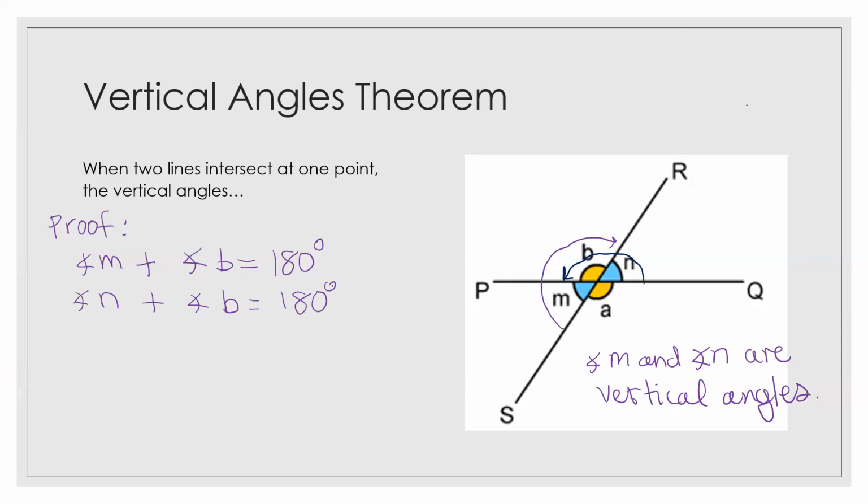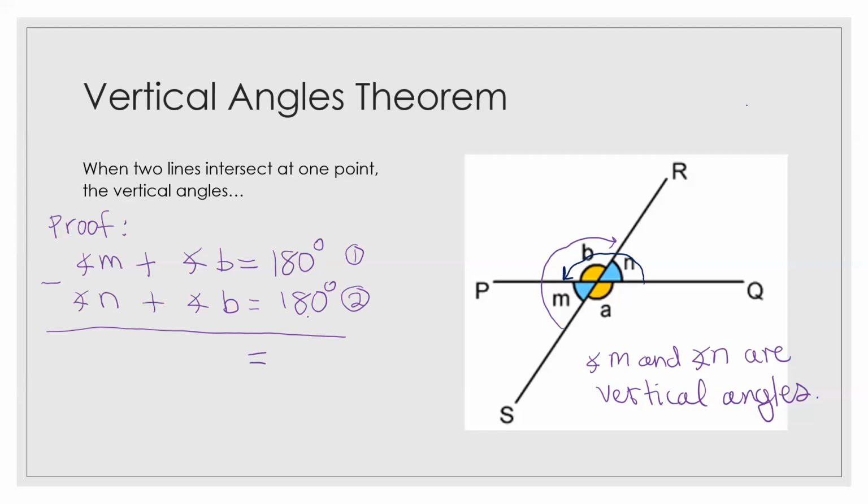Now, if I have equation number 1 and equation number 2, the left-hand sides are the same and the right-hand sides are the same, I can go ahead and subtract the left from the left and the right from the right. Logically, they should still be the same.